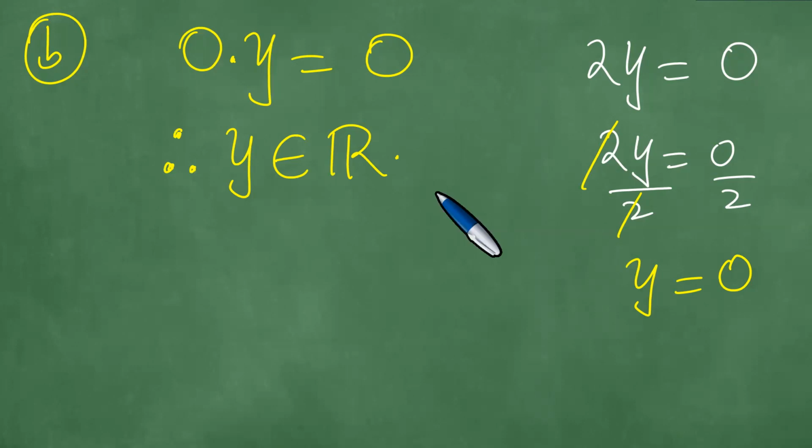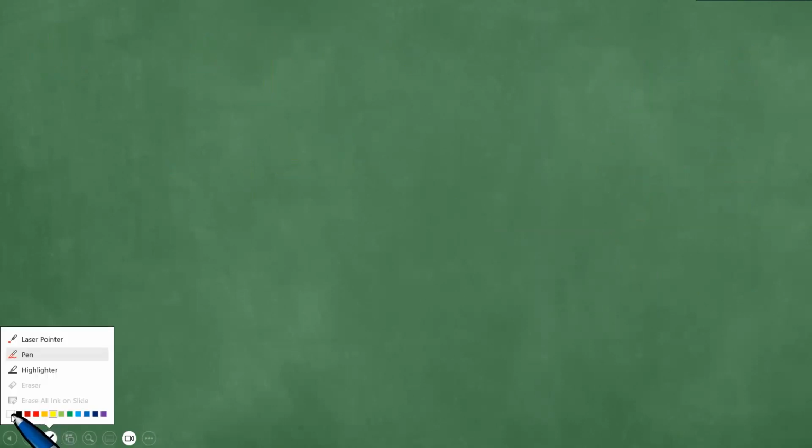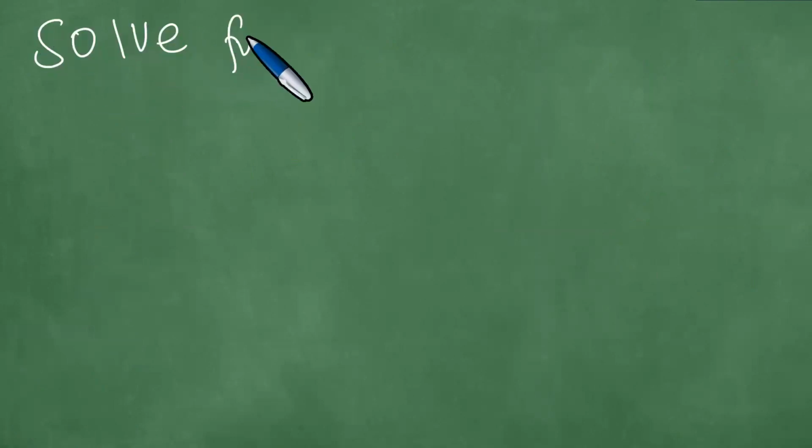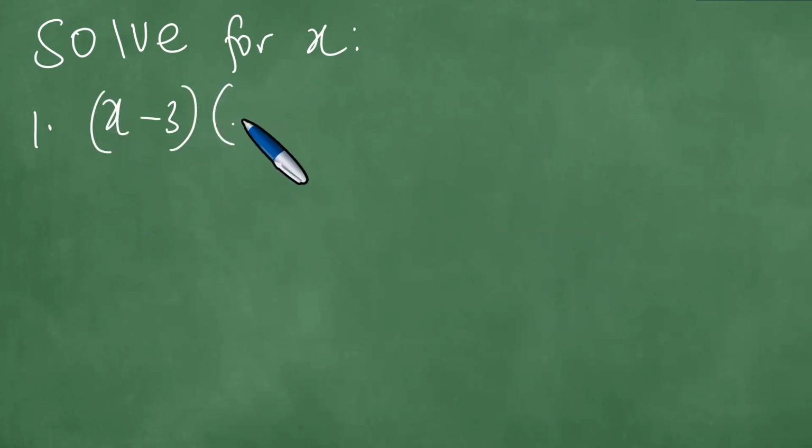Okay, so let's get going. Next question. Right, the next one is as follows. Solve for x. Let's do some solve for x questions, I want to see how well you're going to do here. Number 1: x minus 3 into x plus 2 equals 0.